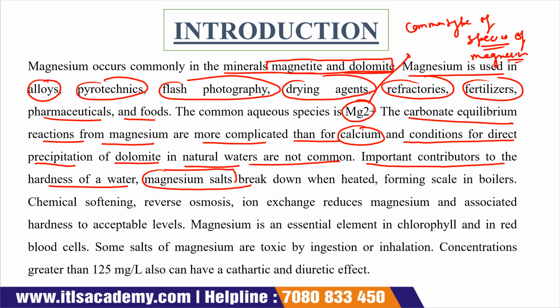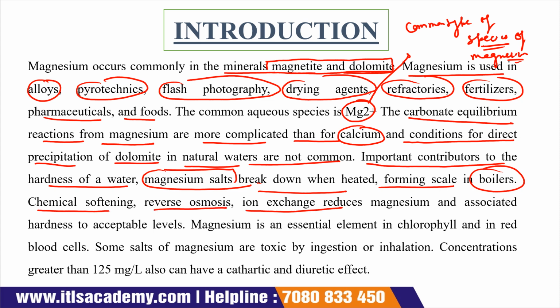Breakdown of this magnesium salt when it is heated is the most common cause of the hardness of water, and when it breaks down, scales are formed in boilers.